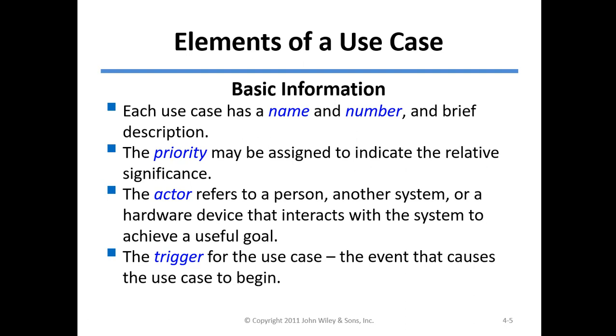The priority may be assigned to indicate the relative significance, maybe low, medium or high priority related to the development of the system: which use case has more priority to be developed first, or which is part of the core functionality. The actor refers to a person, another system or hardware device that interacts with the system to achieve a useful goal.